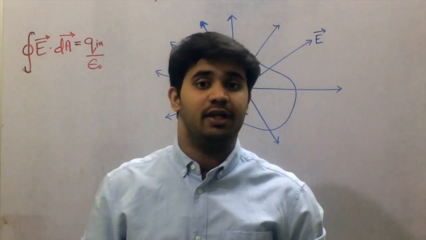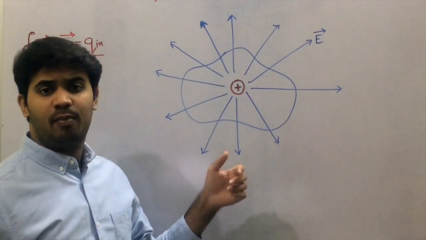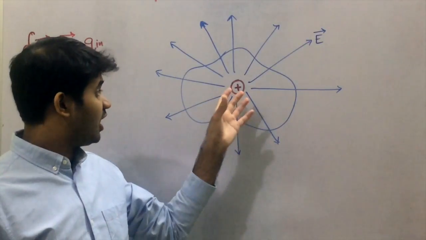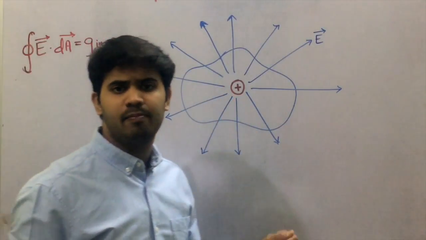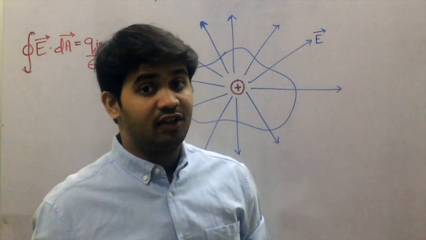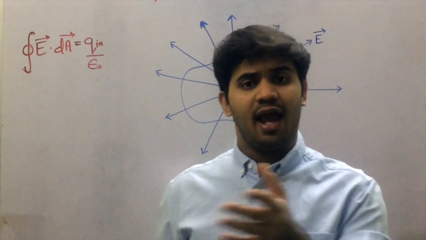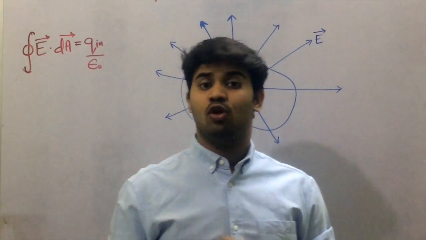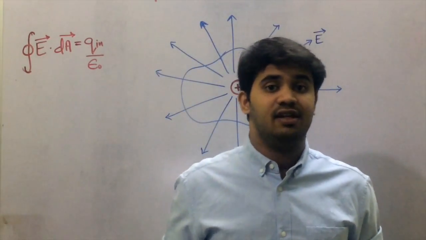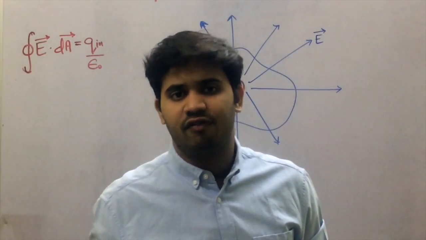This right here is the equation, and this right here is the arbitrary shape or surface which has a net enclosed charge in it. Now, Gauss's law for an electric field provides us with a relationship between an electric charge and an electric field. For those of you who do not know what an electric field is, it's just like a gravitational field.